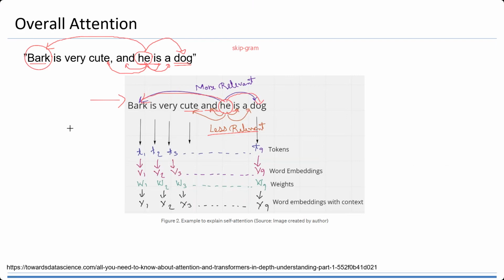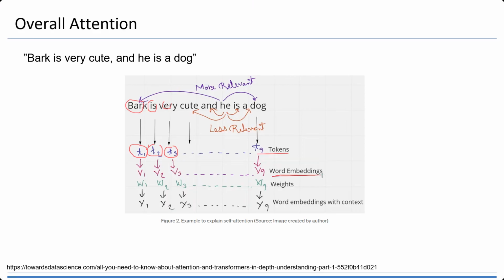And we can try something with the attention. We can put a kind of index. For every word, we can create a token. So this is token 1, token 2, token 3, and so on. After we have the tokens, we can create the word embedding.